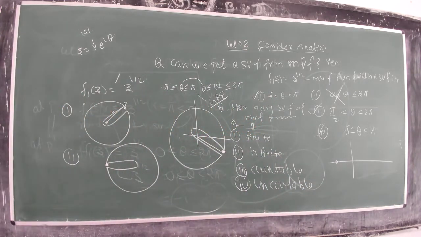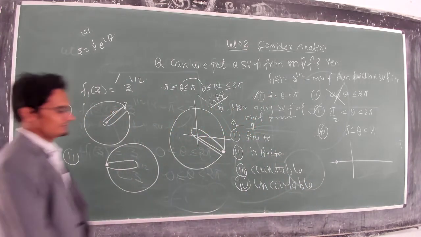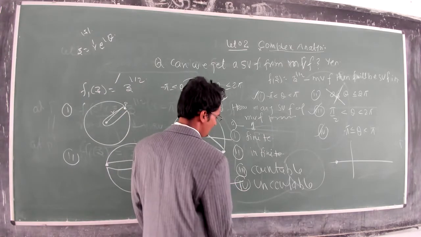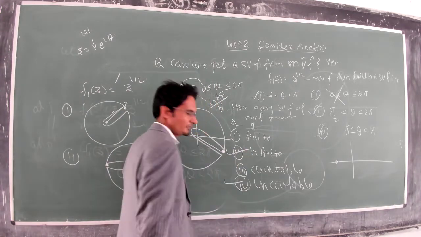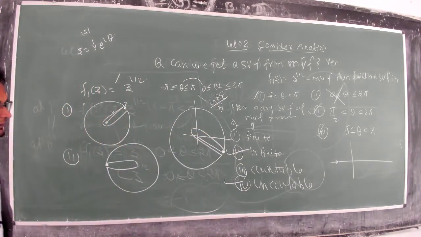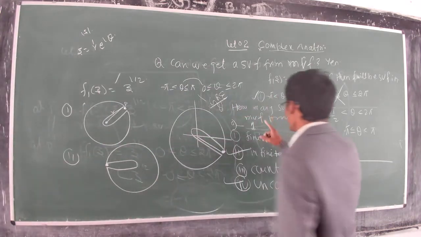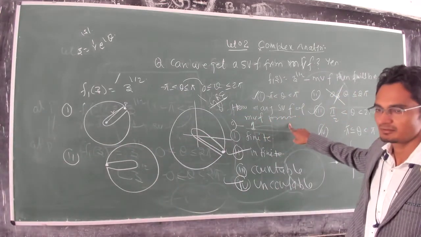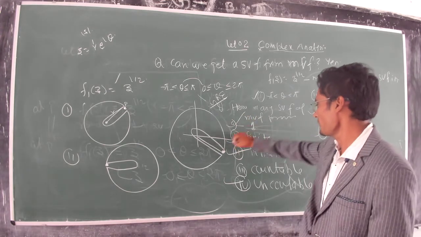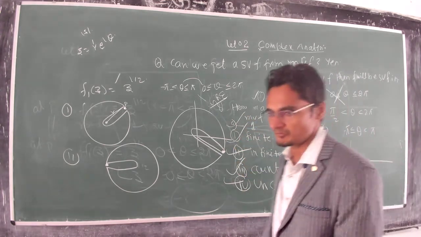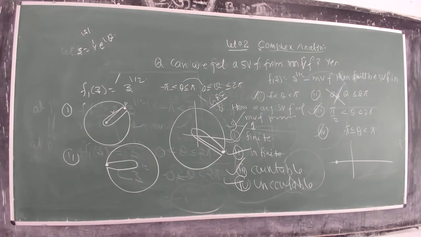The answer will definitely be uncountable. Infinite is also true, but here it asks how many are possible, so one, finite and countable are also possible. So all will be correct.